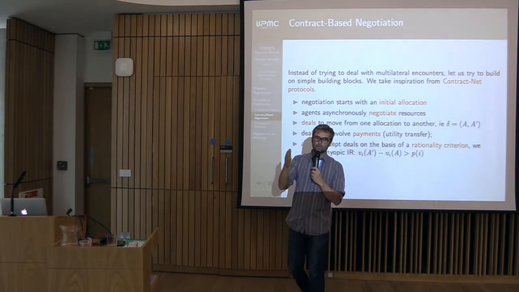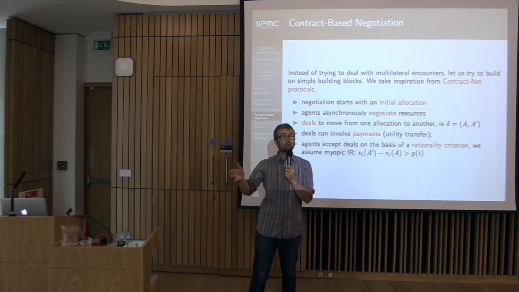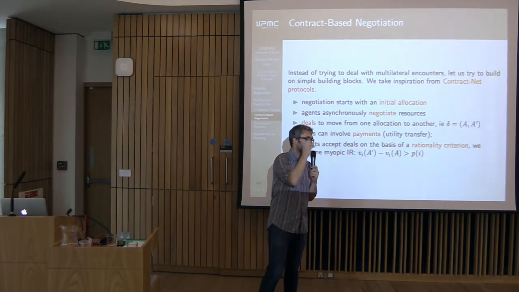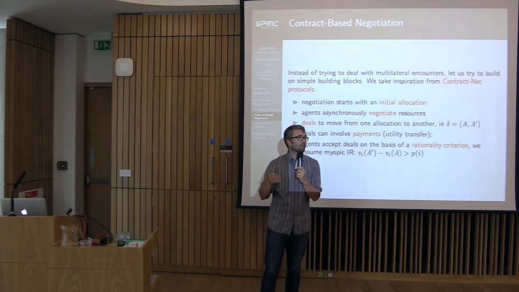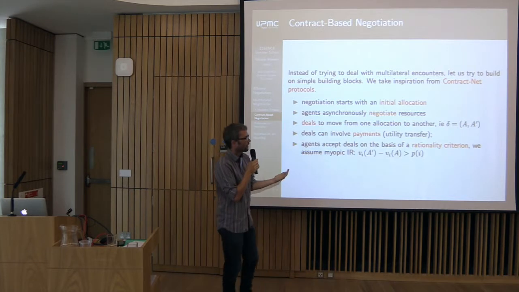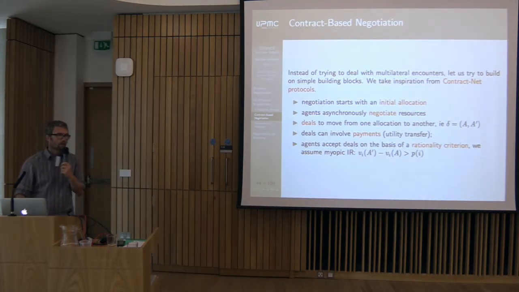For instance, you propose me to move from this allocation where I have 2 of utility to this one where I have 10, but I have to pay 3 for that. That's fine because I gain 8, and so I'm happy to pay up to 8 minus epsilon to move to this allocation. So money is a way to transfer utility and to smooth the process.